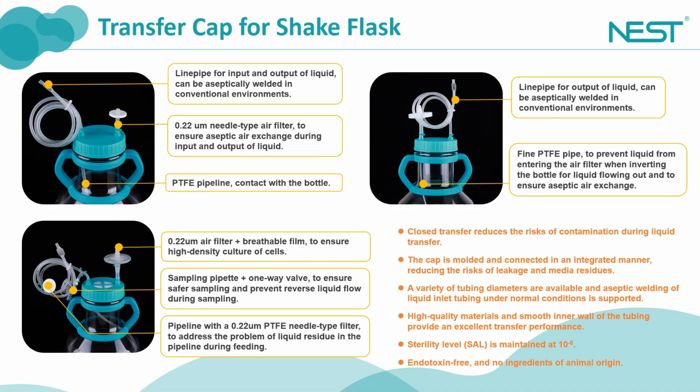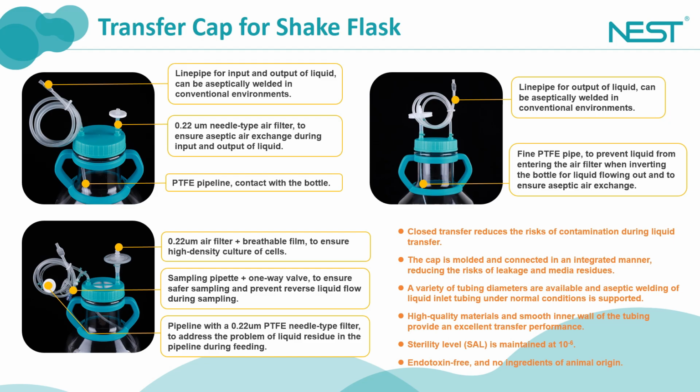The built-in tube of the inverted liquid transfer cover is very thin and is connected to the air filter to prevent liquid from entering the air filter. The tube is in contact with the flask bottom to ensure that the tube is above the liquid surface after being inverted.